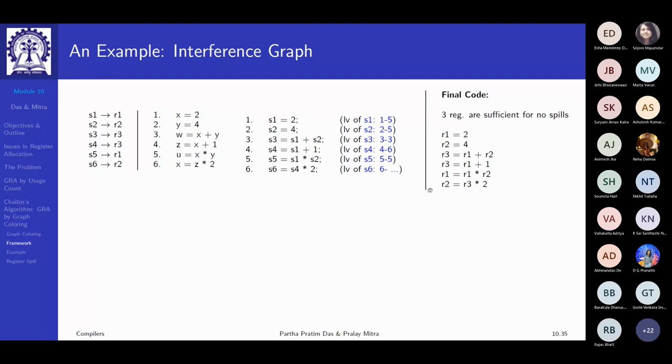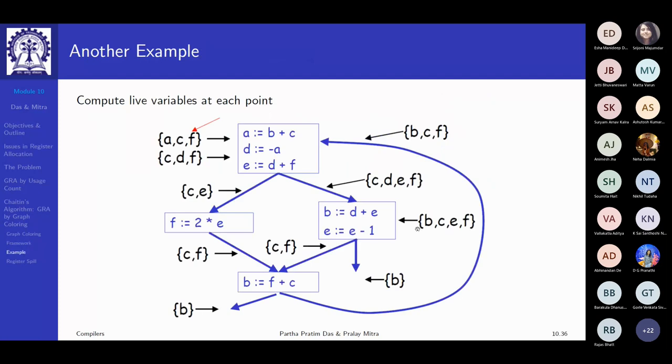Now I replace S1, S2, S3, all these by R1, R2, R3, and you can see that instead of 6 symbolic registers, with 3 registers and no spilling, we can solve this allocation problem. So that is the basics of the algorithm. Let me show you another example.